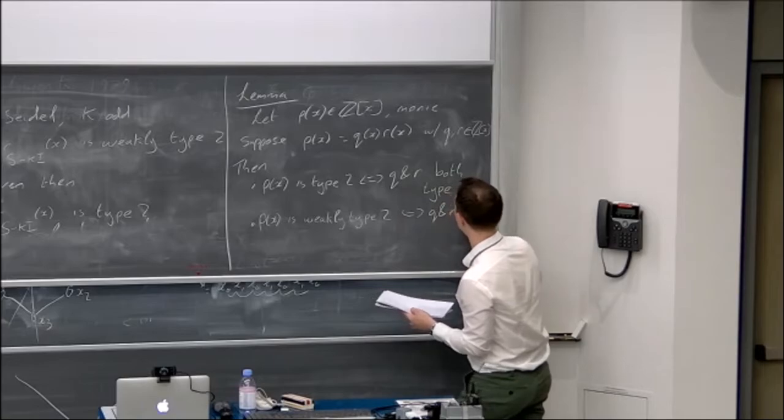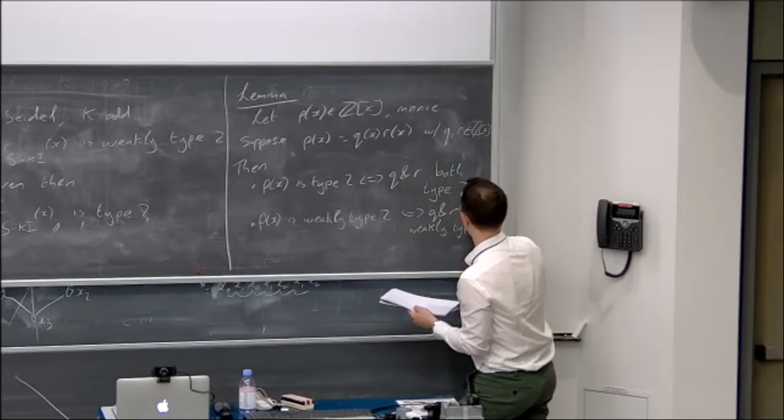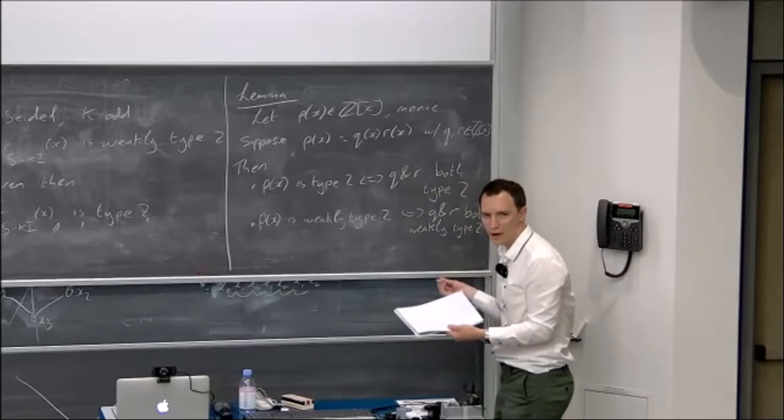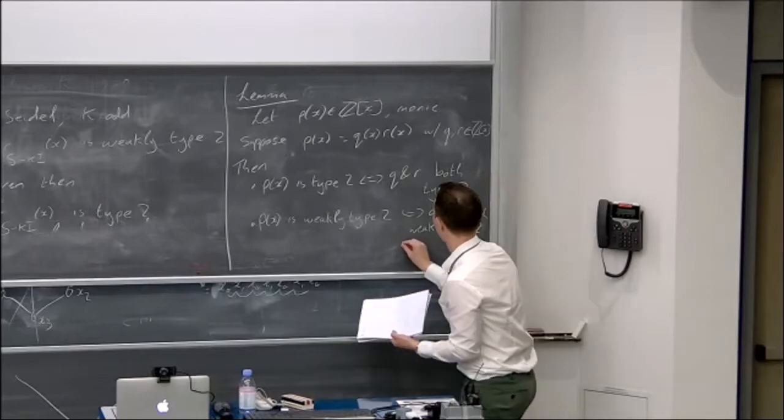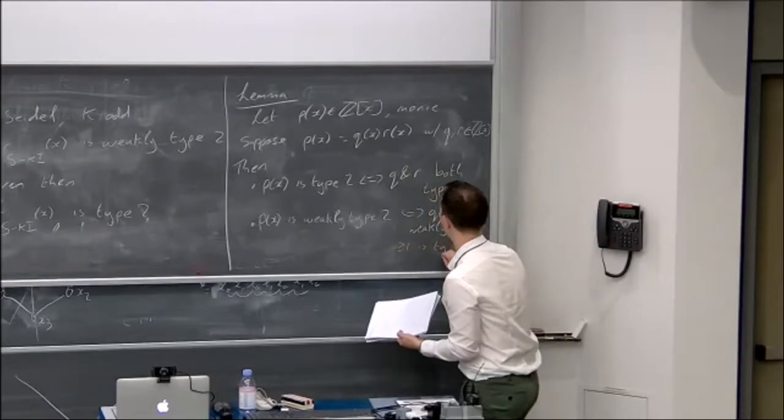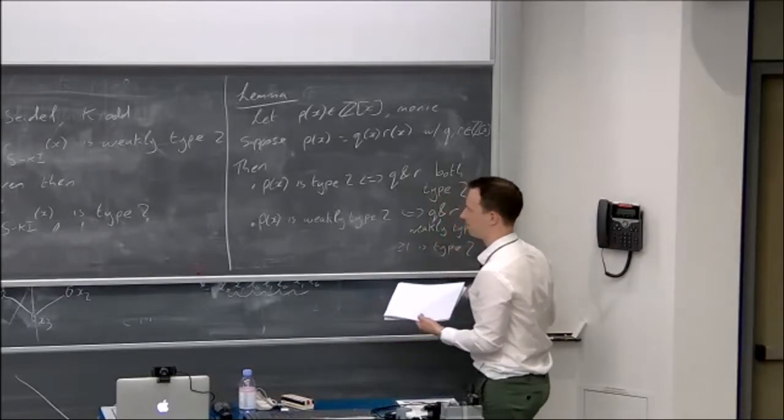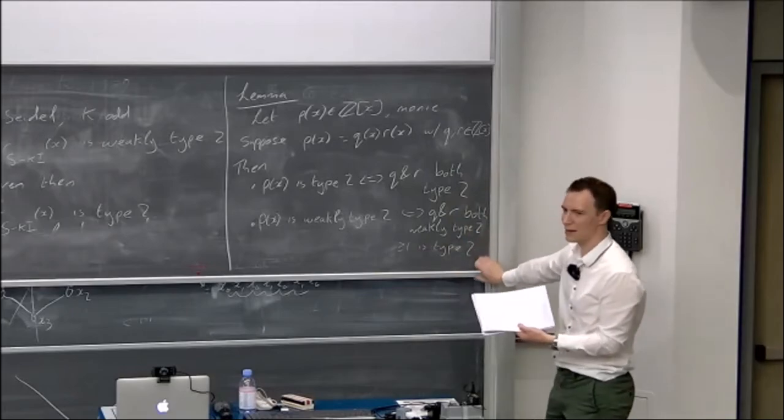So Q and R are both weakly type 2, and at least one of them must be type 2. Okay, hopefully that's legible.